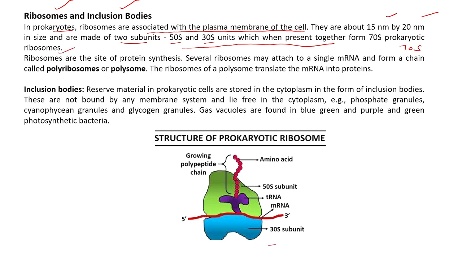What is the function of ribosome? Ribosomes help in the synthesis of protein. When these ribosomes get attached to a single mRNA, they form a chain called polyribosome or polysome. Then these polysomes translate the mRNA into protein.